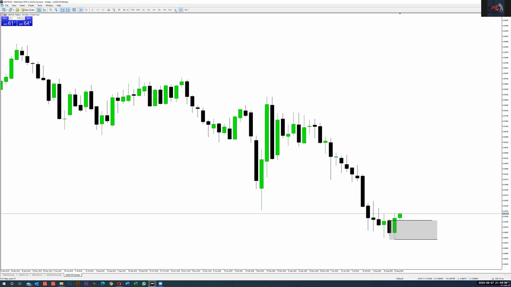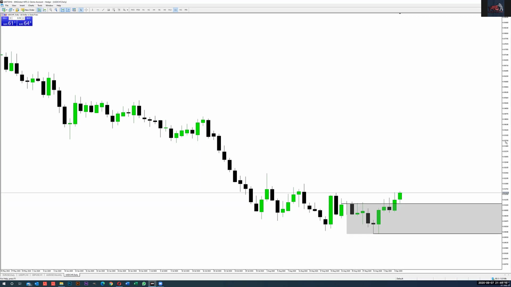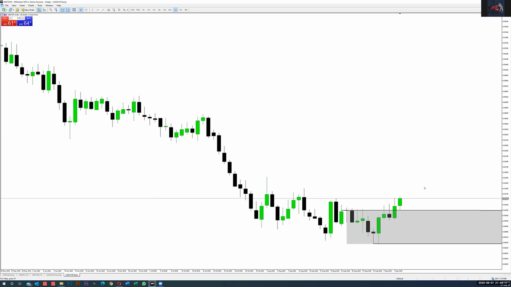Now I'm going to go to a daily time frame. You see, I'm refining my zone, so that whenever I go to a lower time frame, it's going to be easy for me to pinpoint an entry point. You see that up candle there that massively moves away from this down candle. Now we are on a daily chart. This is where you're going to be hunting for your positions.